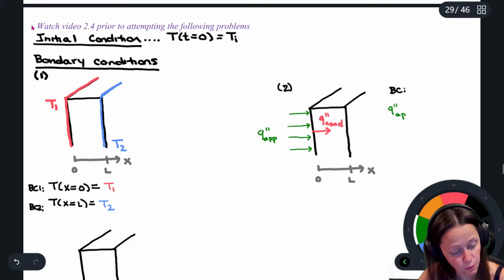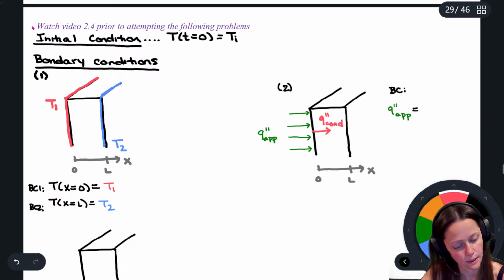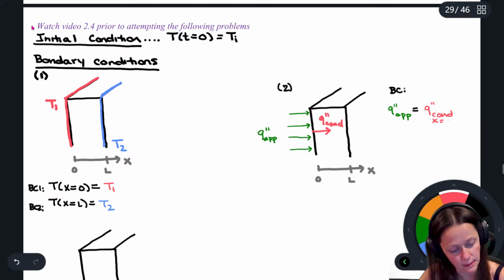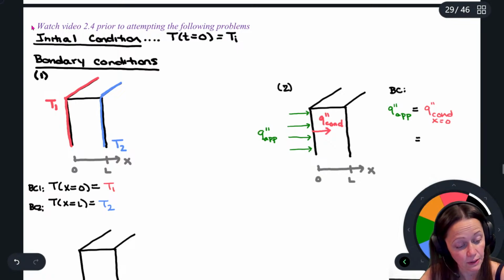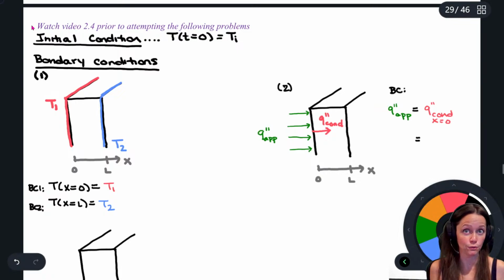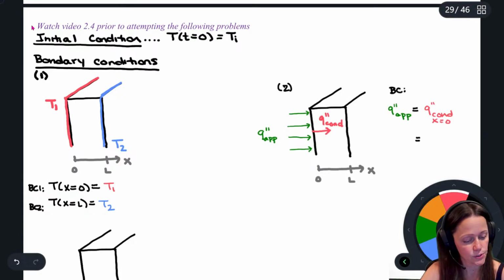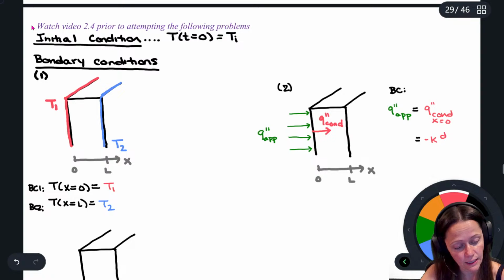My applied heat flux has got to be equal to the heat flux due to conduction at x equals 0. And we can further specify that because we are familiar with Fourier's law. So Fourier's law says this would be negative k dT/dx, all at x equals 0.